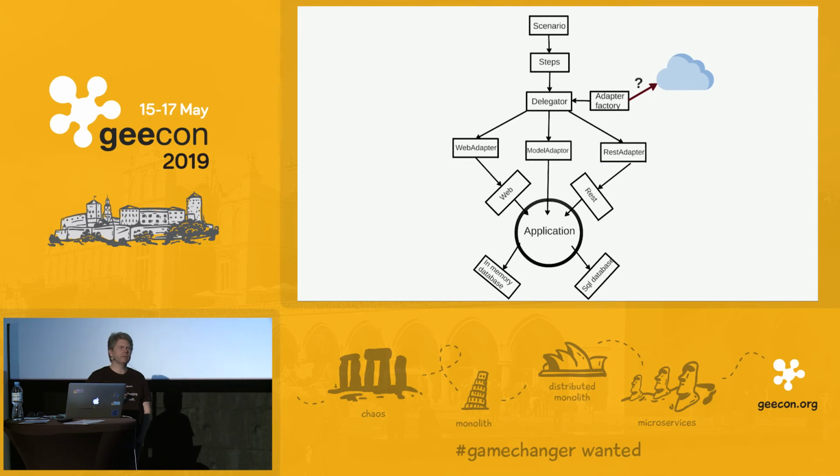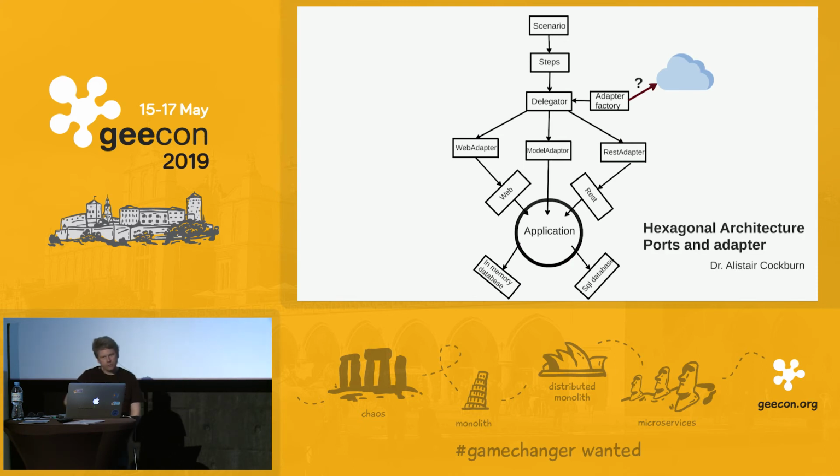Does anyone recognize this architecture style? It has a name. Alistair Cockburn came up with it, probably 20 or maybe 30 years ago. It is sometimes referred to as hexagonal architecture, or, for that matter, ports and adapters. It's called hexagonal because most people draw this as a hexagon.